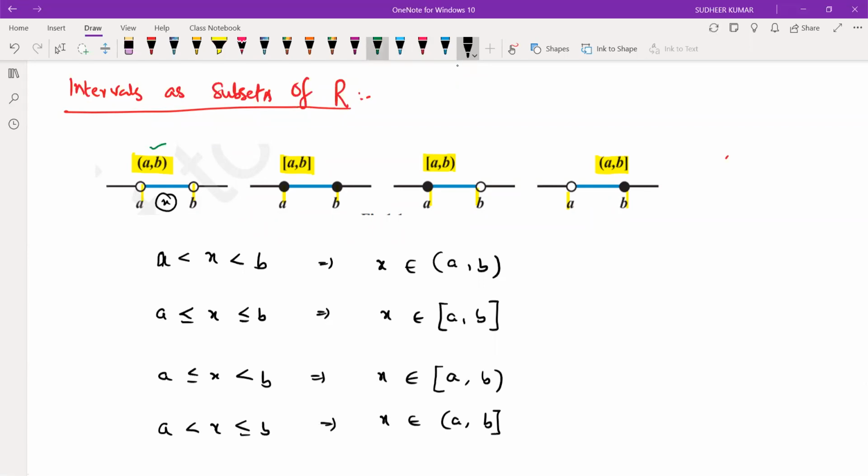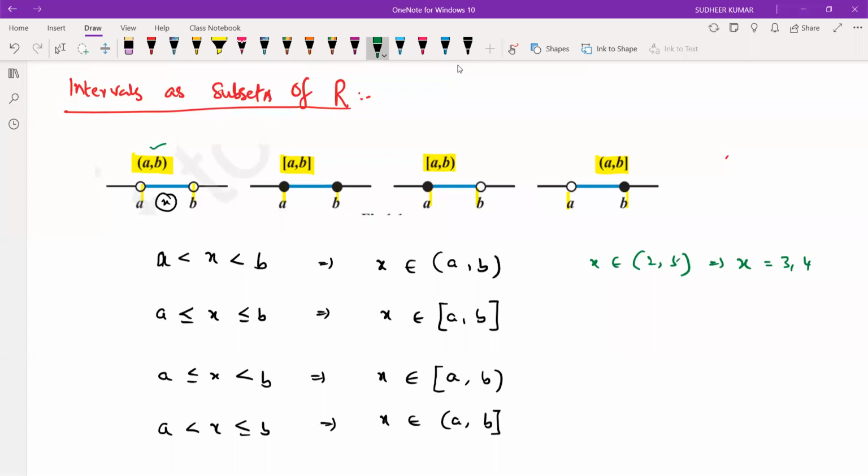Let us take an example of each one, then you can understand it. Suppose x belongs to open interval 2 to 5 is given. That means in place of x, we can take the given values, but the extreme values should be excluded. So what values can be taken in place of x? 3 and 4.